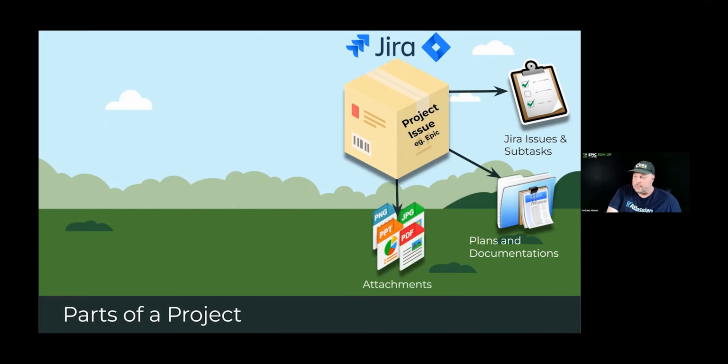The next part is you might have attachments in your project, artifacts like contracts, signed proposals, invoices, whatever, that can be stored in the project somewhere in your project issue hierarchy, but you have everything inside.